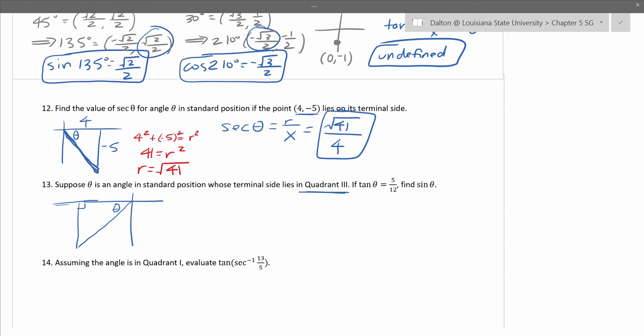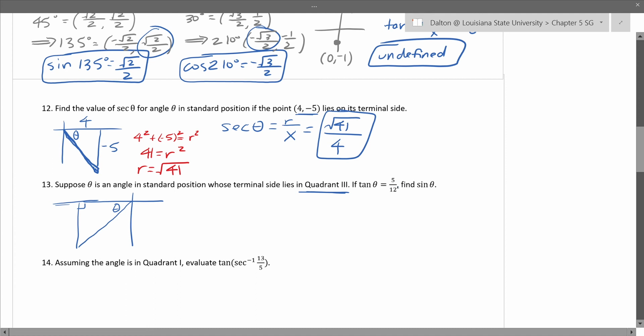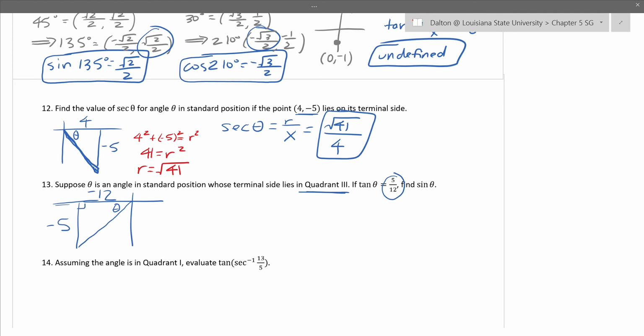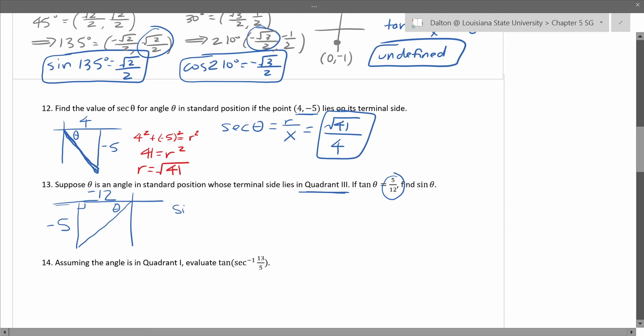So for the y value, remember, because I'm in quadrant 3, even though it says it is 5/12, that implies that we're going to have a negative 5 because it went down 5, and negative 12 because it went to the left 12. And then when you divide negative 5 over negative 12, that's why we end up with a positive tangent in that quadrant. Okay, so then we're trying to find the sine of theta.